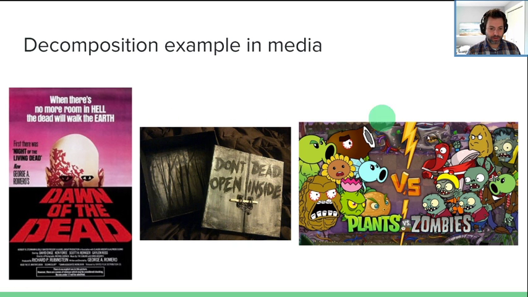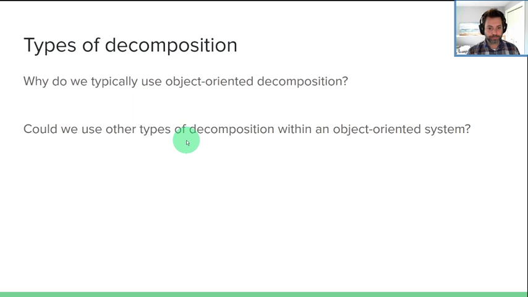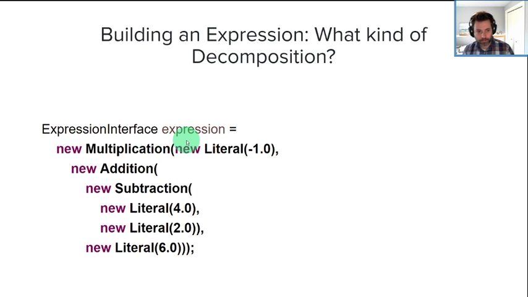All right, decomposition pun. Kind of the key here is to figure out what type of decomposition is useful for you. I've given you a whole laundry list of decomposition approaches, and it's going to be up to you to decide which one you want. Here we're decomposing multiplication into a bunch of sub-objects.